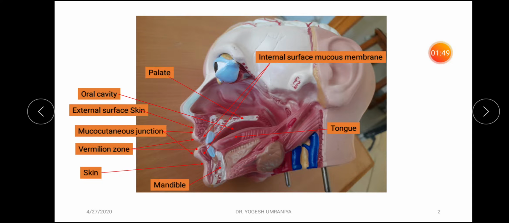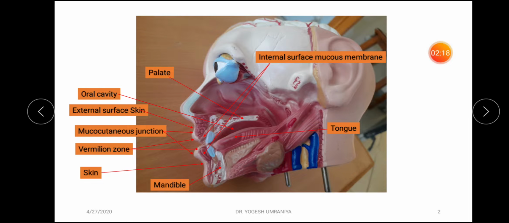Here this mucosa is firmly attached with the periosteum of the respective bone, so that is helpful to avoid movement. So that is giving stabilization, and in the rest of the part this mucosa is loosely attached with the underlying structures of the oral cavity, particularly in the cheek, so that is giving the mobility.